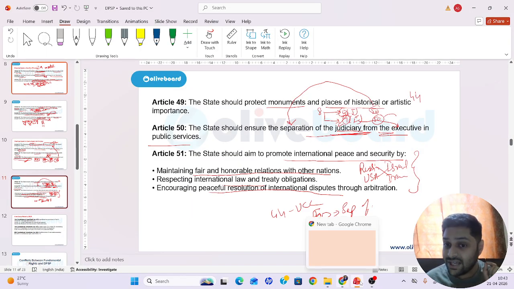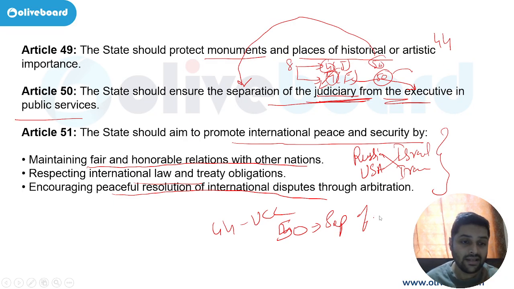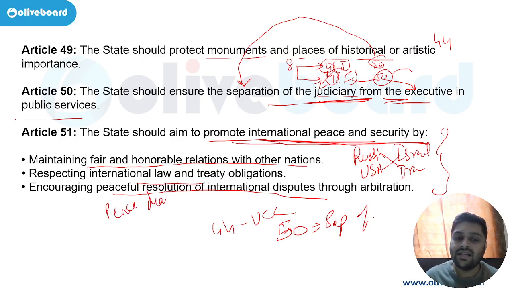So we have to keep in mind why today we are pursuing this particular policy. The state should aim to promote international peace. So for any peace deal or mediation, if ever done, these things come under Article 51 of the Constitution.